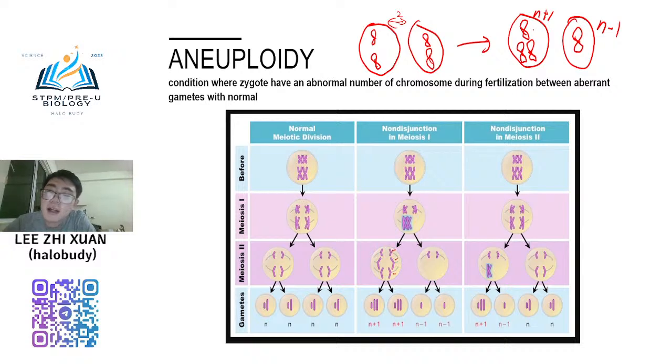The chromosomes separate again in meiosis 2, and this one separates. So finally you will get this kind of result. So when non-disjunction occurs in meiosis 1, all the gametes contain an abnormal chromosome number, totally abnormal.